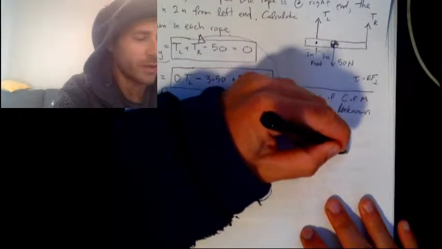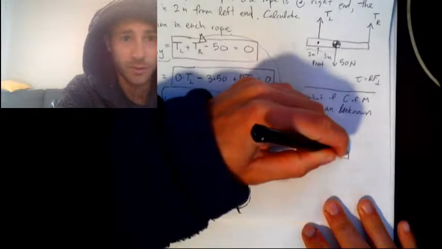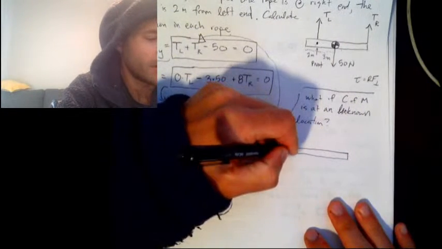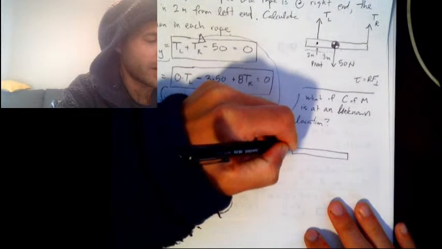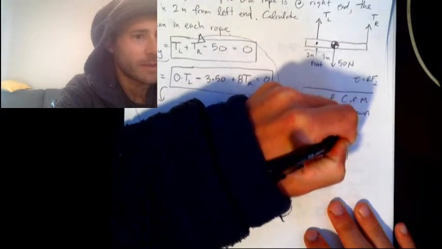Let's suppose we have a rod, and it's a non-uniform rod, so the center of mass is not going to be at the geometric center. Okay. And this rod has 2 ropes at each end.